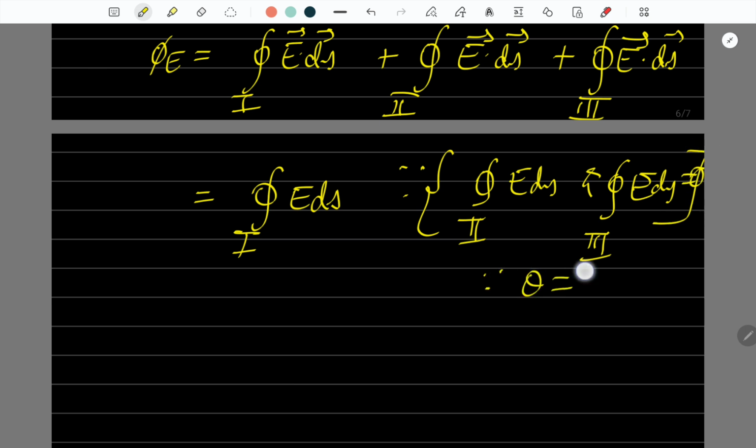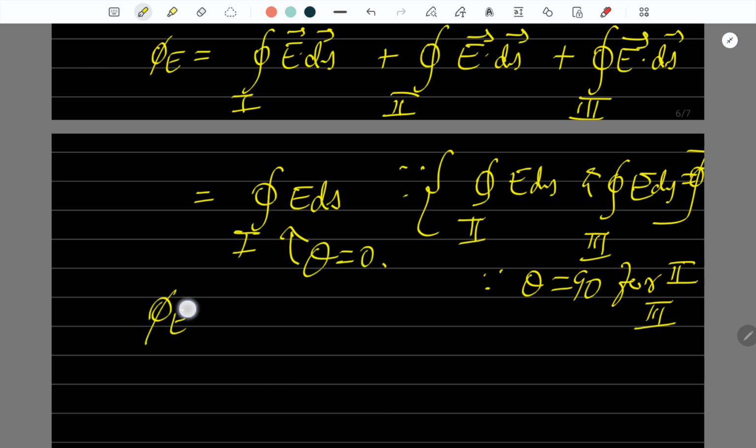Because theta is 90 for the second and third. For the first one, theta is 0. So the flux equation I get is the cyclic integral E ds. E comes outside as it is, and ds remains.